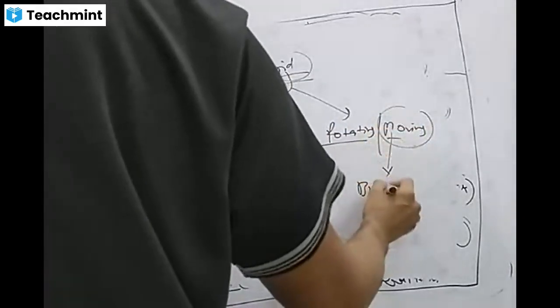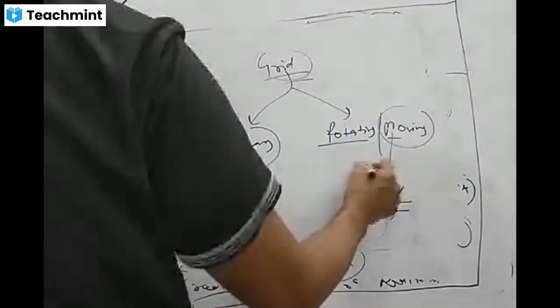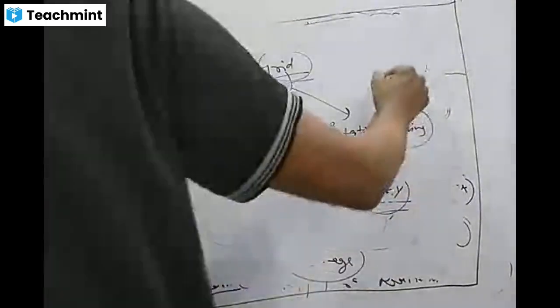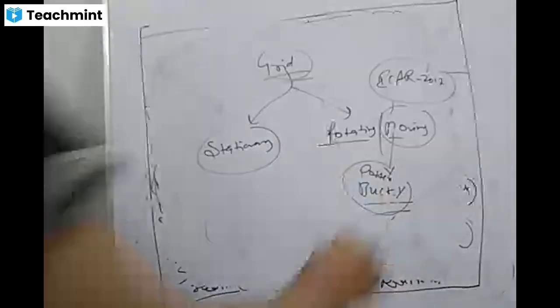Moving grid is also called Bucky, or Potter-Bucky diaphragm. This was your ICR 2017 MCQ: the moving grid is also known as Potter-Bucky diaphragm.